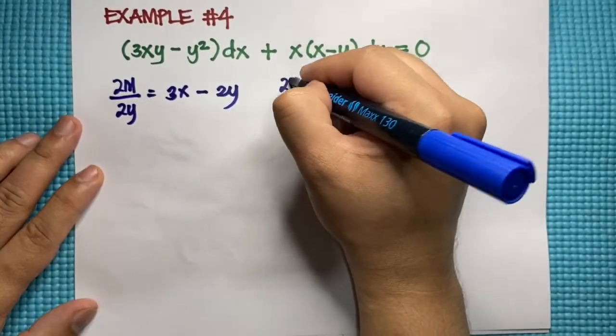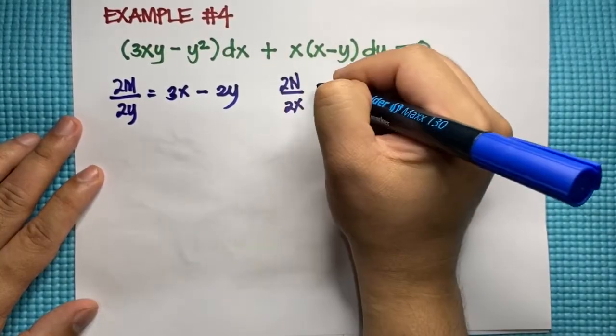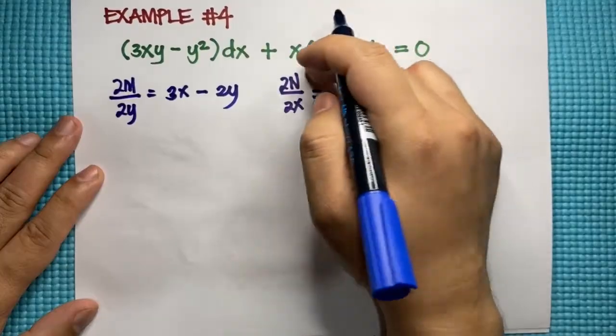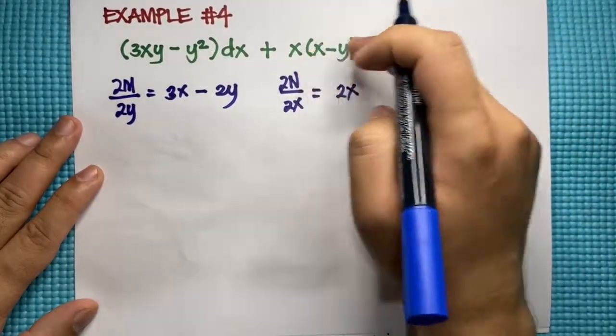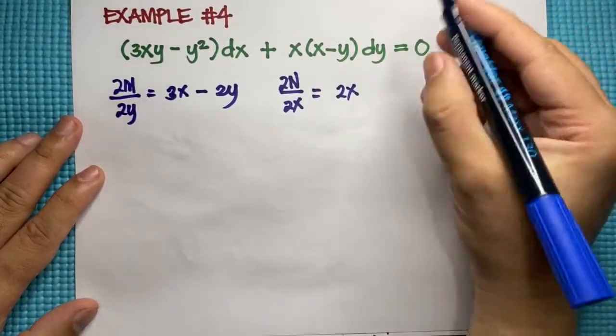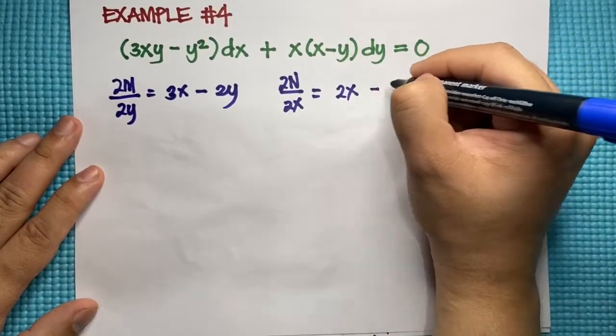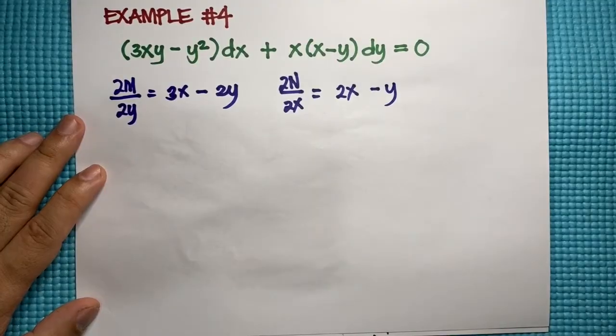On the other hand, the partial derivative of N with respect to x: x times (x minus y) is x squared minus xy, so we have 2x minus y.